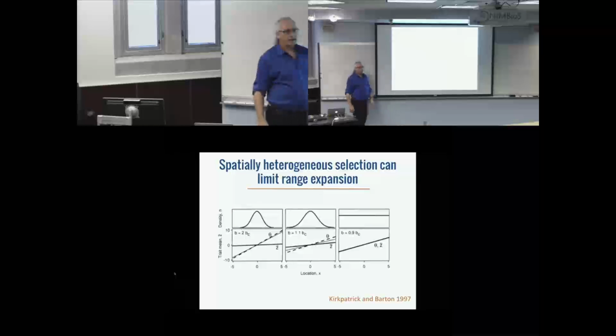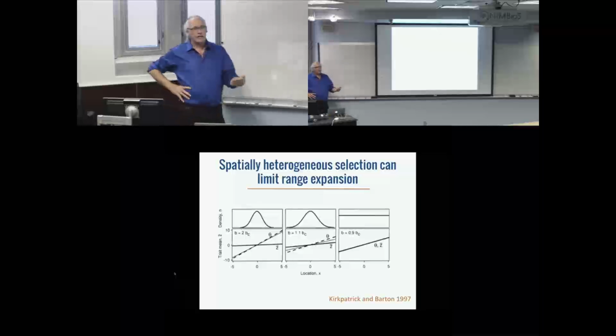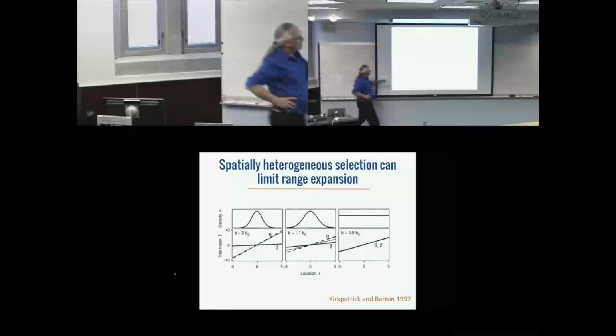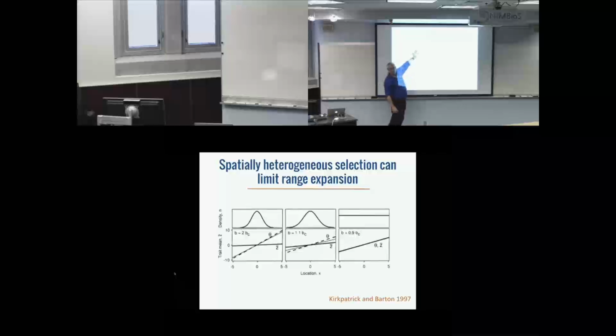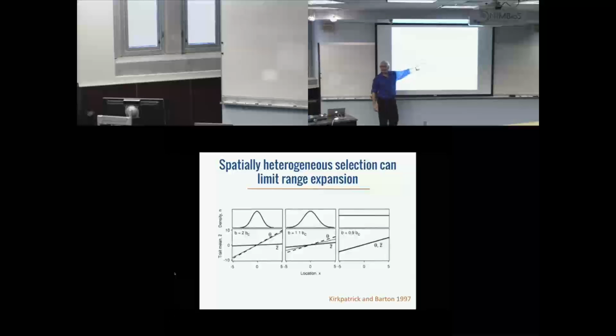And the notion there is that if you have spatially heterogeneous selection, in particular, if your optimum, the axis on each graph is space, the solid line here is the optimum phenotype with a quantitative genetic model, and this is the density of individuals at any particular point in space. And what they found in that paper was that if that optimum varied over space strongly enough, the population would not spread. It would collapse to a single point or go extinct.